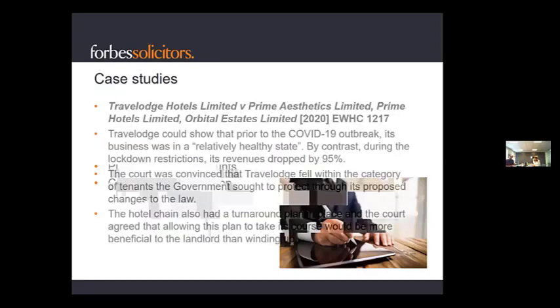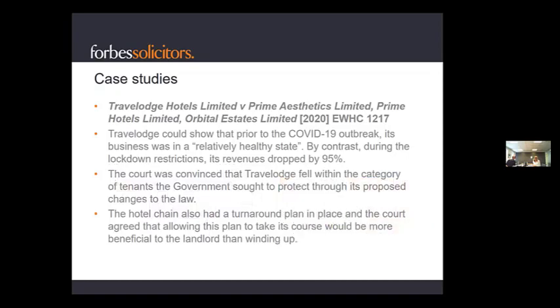As I mentioned just before, we've had a couple of cases that have been before the courts already, where the bill in its draft form has been considered, and also other circumstances surrounding the COVID-19 outbreak.